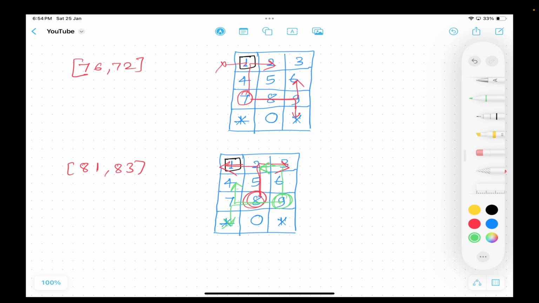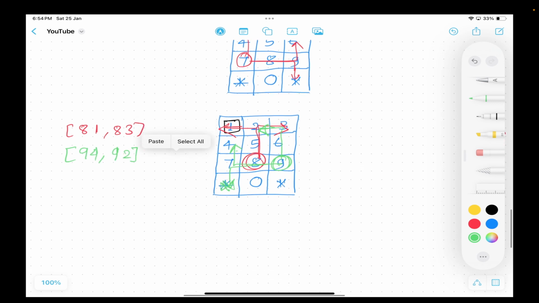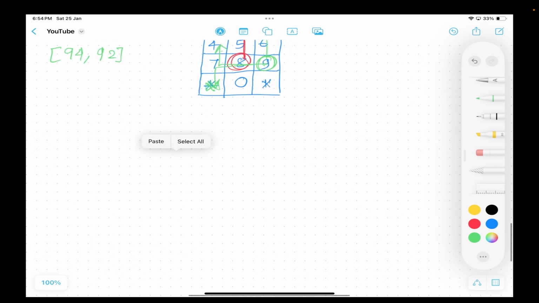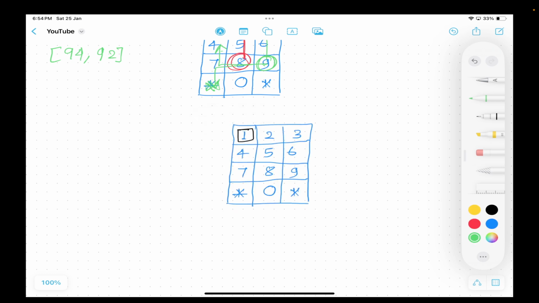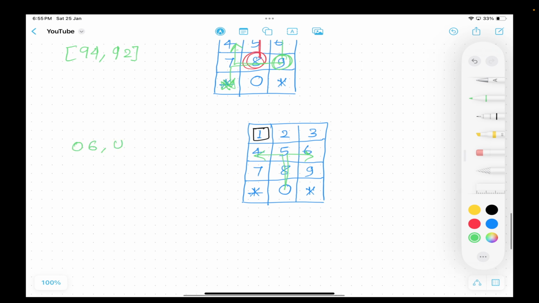We cannot cover this cell, so from 9, 94 and 92. Okay. 0: if you start with 0, 06 and 04, and there is no other possibility. We cannot start with this, because there is no number there.